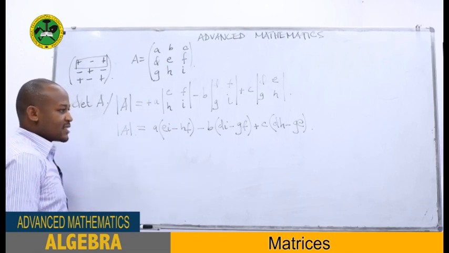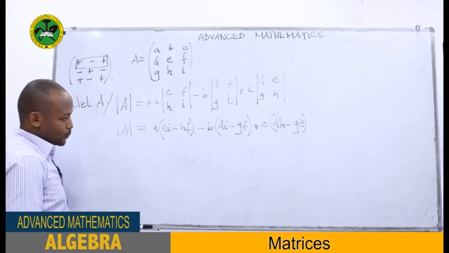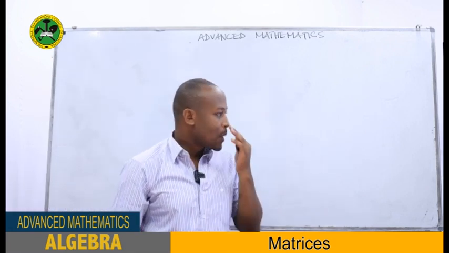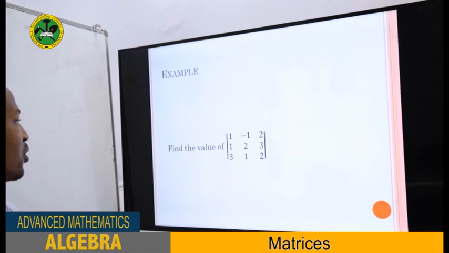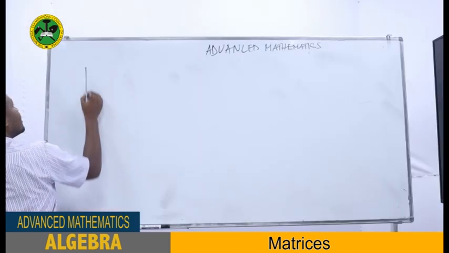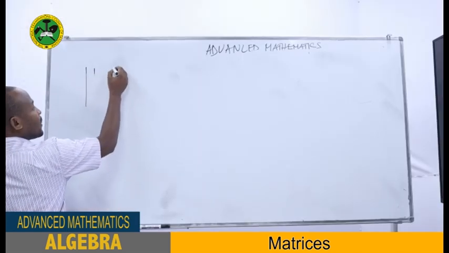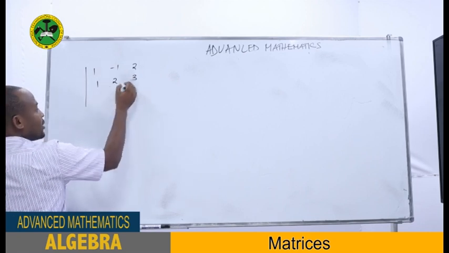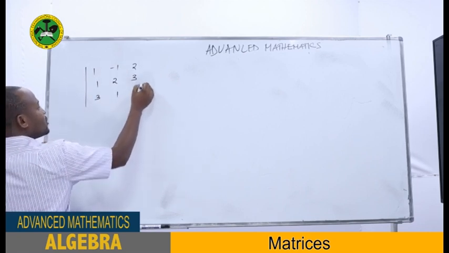Now let's see an example. Example number one says, find the value of the matrix with rows 1, negative 1, 2; 1, 2, 3; 3, 1, 2.